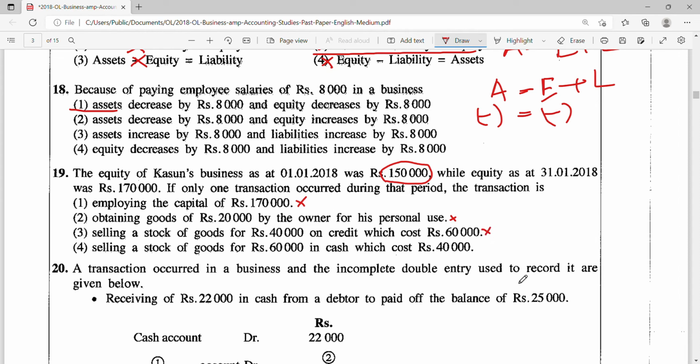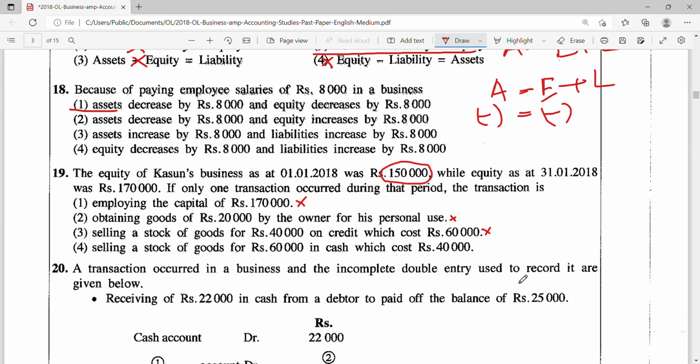Selling a stock of goods for rupees 60,000 in cash, which cost 40,000. Now, even in answer 3 and answer 4, the method of receiving the sales revenue is not a concern. Whether it's credit or cash, it's not your worry. Why? You're only talking about equity. Credit or cash will be important if you're talking about the asset side of the equation.